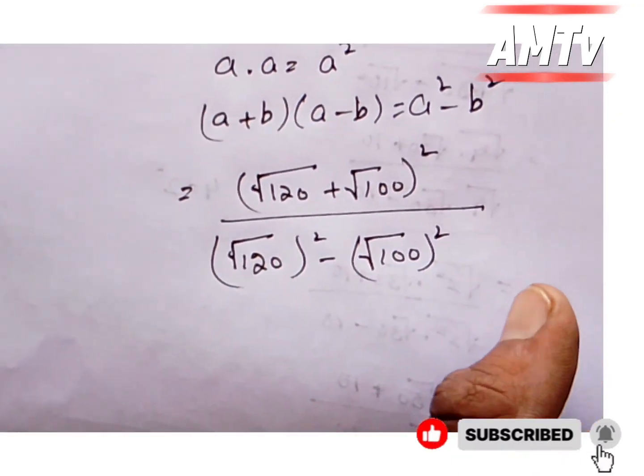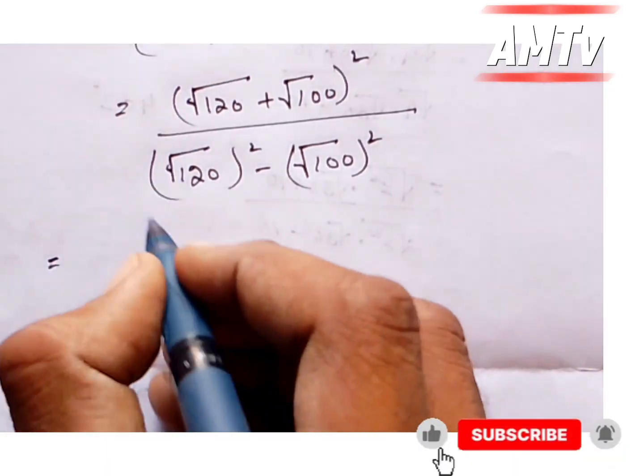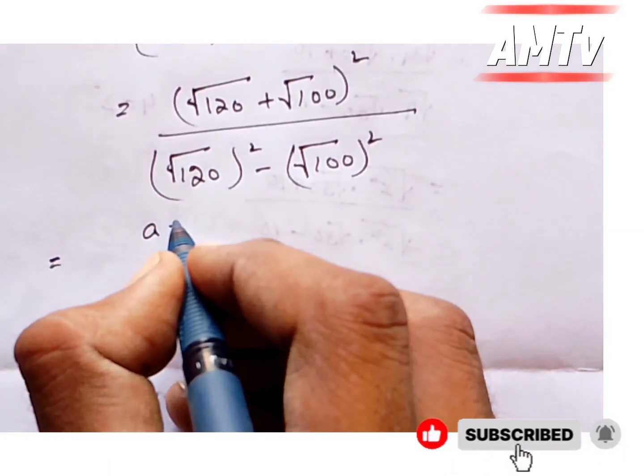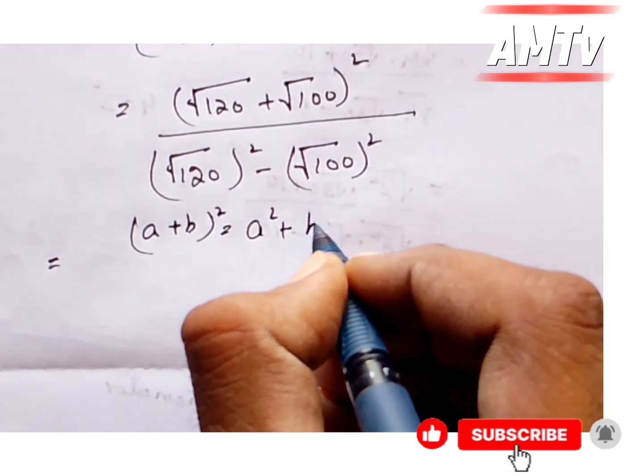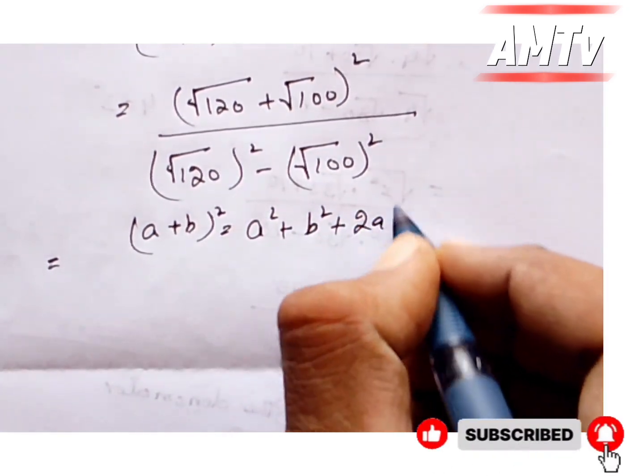This is the first algebraic formula: a plus b whole square is equal to a square plus b square plus 2ab.